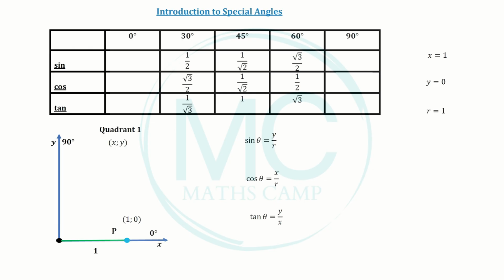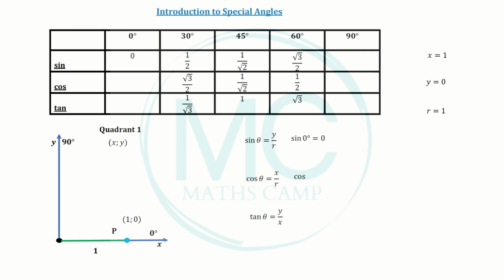Now we have values for x, y, and r, so we can find our trigonometric ratios for an angle of 0 degrees. And we say sine 0 degrees is equal to the value of y, 0, over r, which is 1. Any fraction with a numerator of 0 is simply 0. And we can put this in our table. Now we can look at cos.